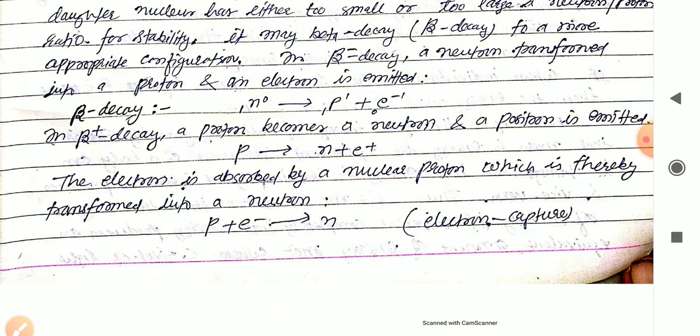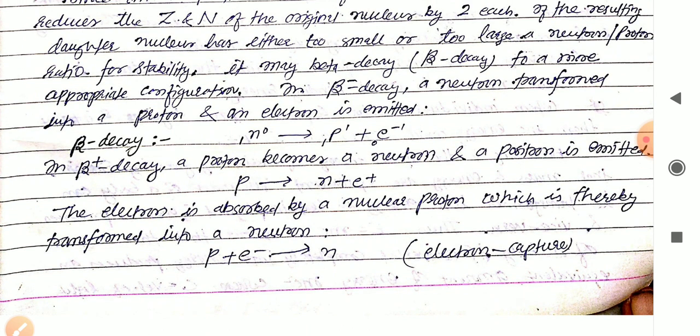There is one more possibility of reaction. This is known as electron capture, in which the innermost atomic orbit, suppose the first orbit, has electrons overlapping on the nucleus.